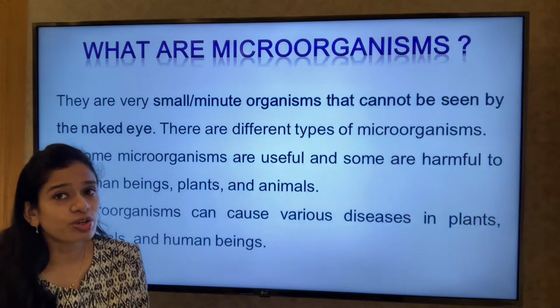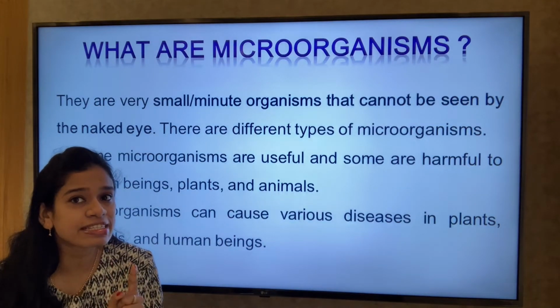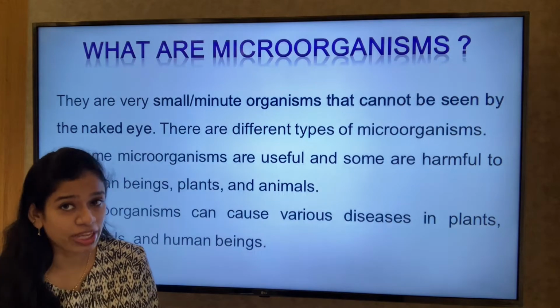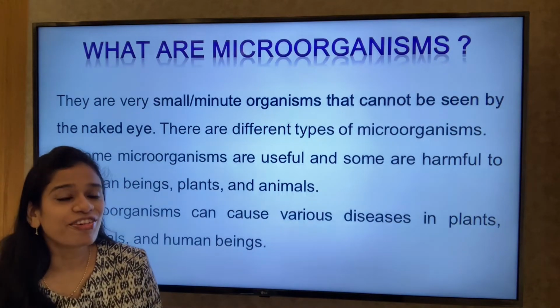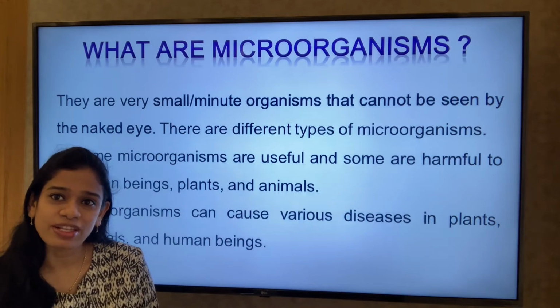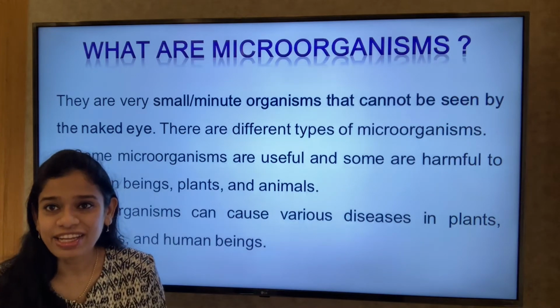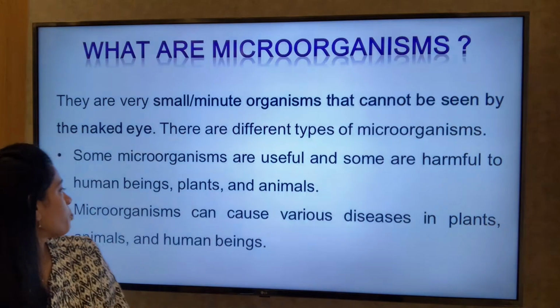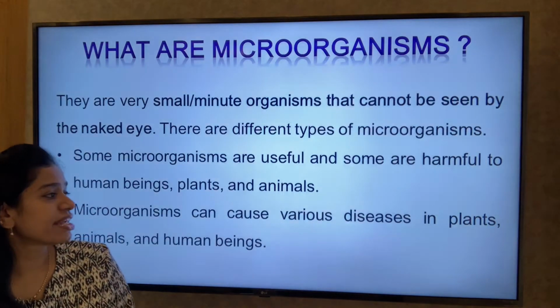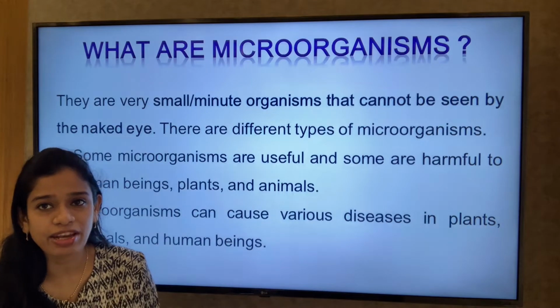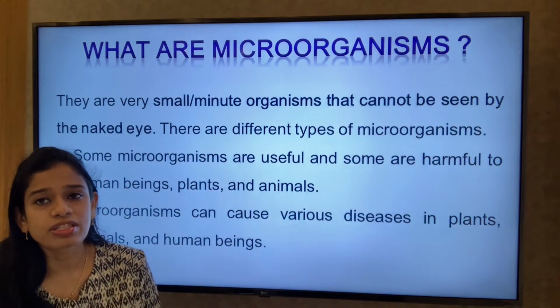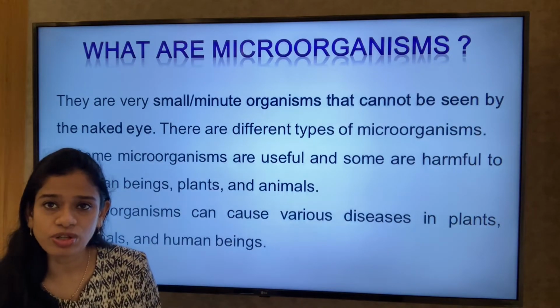So I told you in today's lesson we cannot see them, but yes, we can understand that they exist, because the harmful and the friendly ones tell us that they do exist in nature. And microorganisms can cause various diseases in plants, humans and animals, which is why they are known as our enemies also.